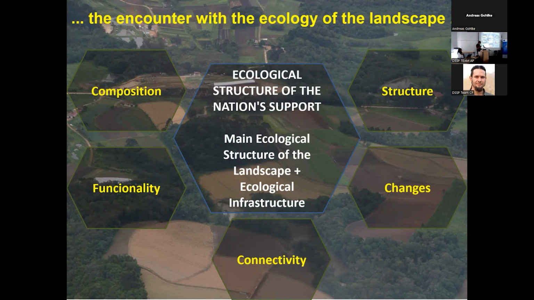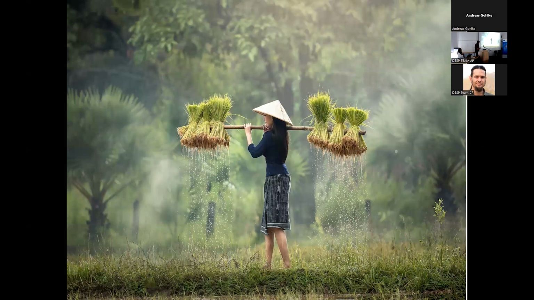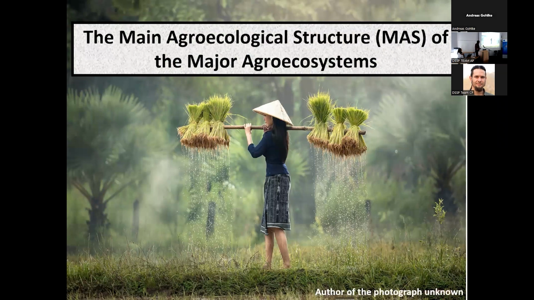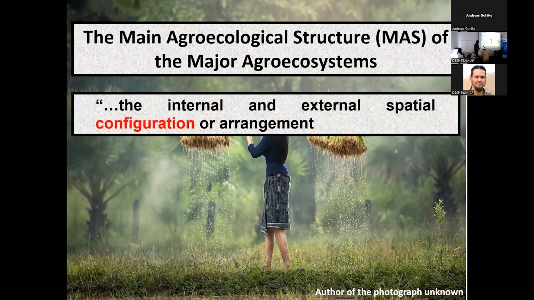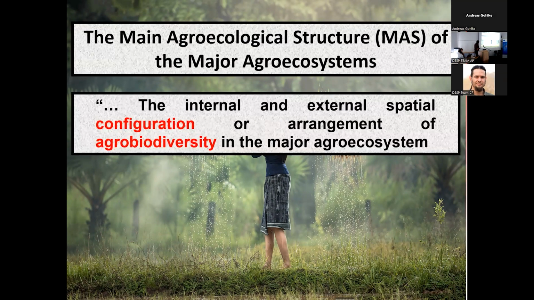But we took this concept, and with this beautiful slide from Vietnam, for my friends of Vietnam, we proposed the main agroecological structure of the major agroecosystem, and we define it as the internal and external spatial configuration or arrangement of agrobiodiversity, because agrobiodiversity is the key to managing the agroecosystem without pesticides.